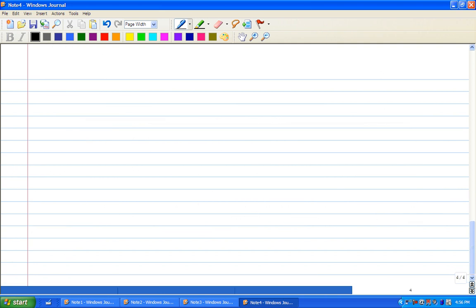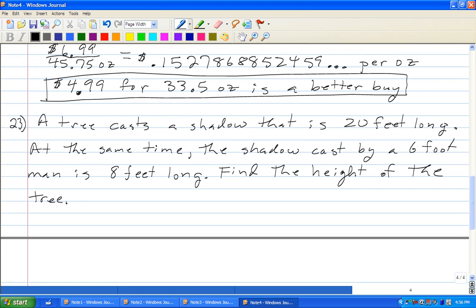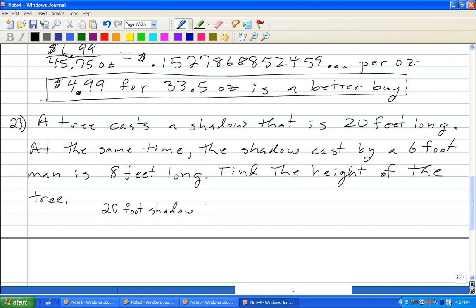Okay, so let me do that. I have the following proportion. I have a 20-foot shadow from the tree. I do not know the height of the tree, so x-foot high tree.